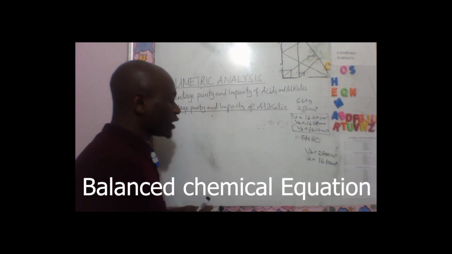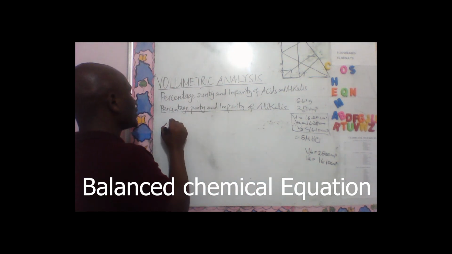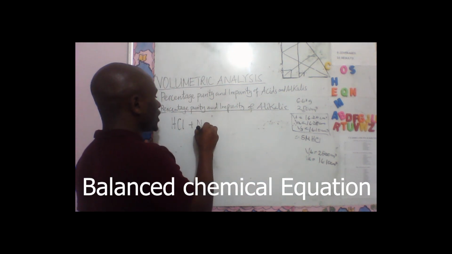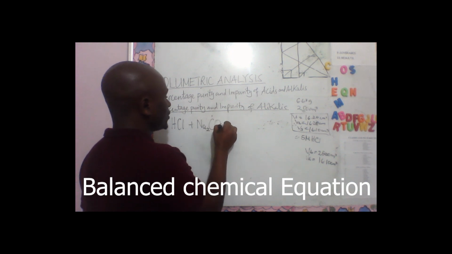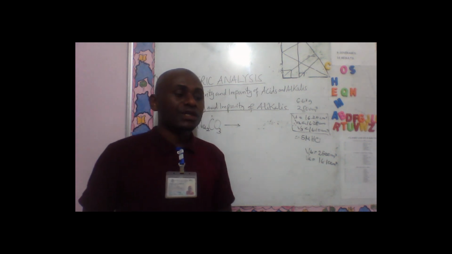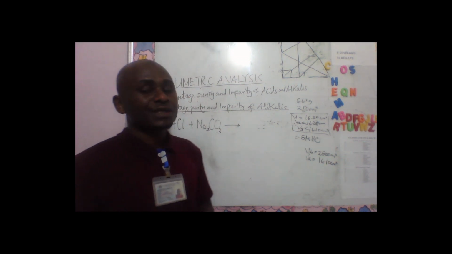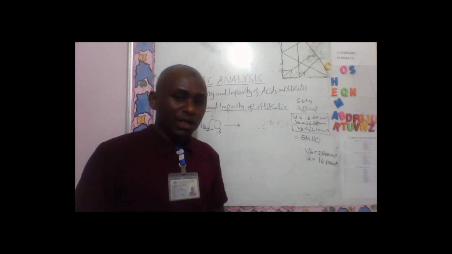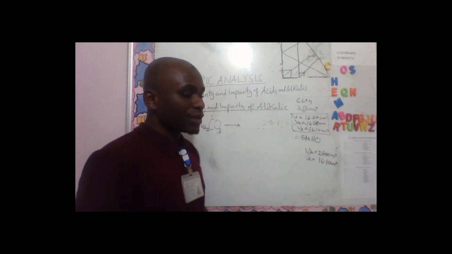The chemical equation is hydrochloric acid reacting with sodium carbonate. When acid reacts with base, the expected products are salt, carbon dioxide and water.